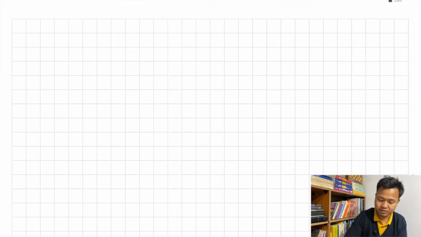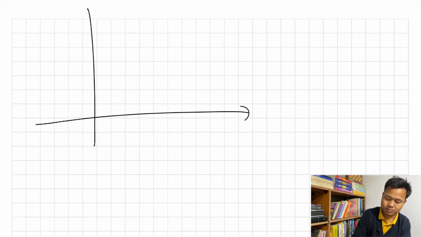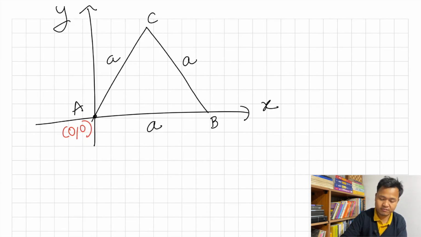Another technique for an equilateral triangle, or maybe a square: if they ask you any geometry, you can plot it in the xy plane. If I plot an equilateral triangle having side A on the xy plane, say ABC, I know that the coordinate of A is 0, 0. What is the coordinate of B?